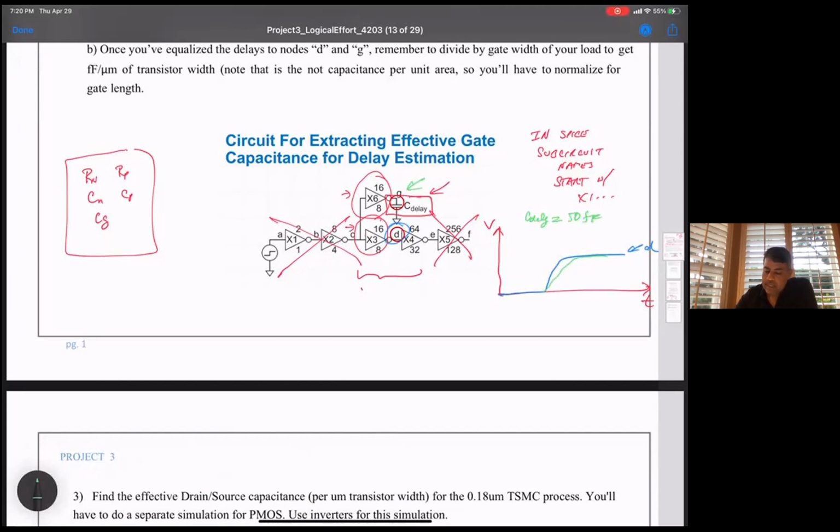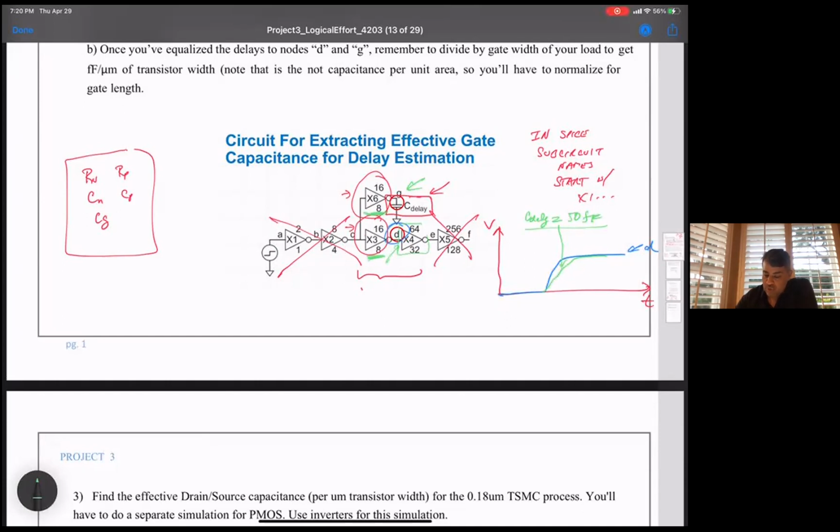What this tells me is that this transistor, driving C delay, is the same device and has the same input as what's driving node D. And so it tells me that C delay is larger than the gate capacitance of X4. Why? Because they're being driven by the same sized inverter, the same input.